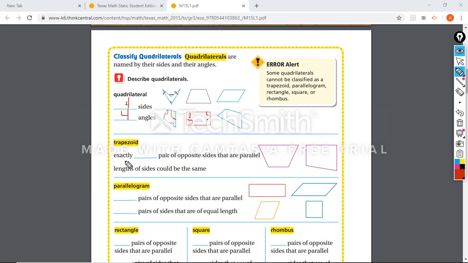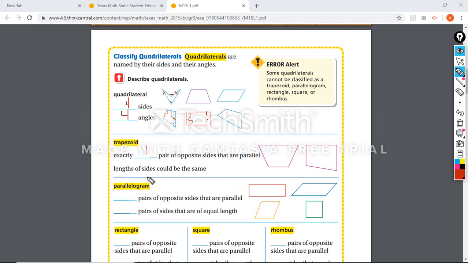So a trapezoid, if you look at it, are these 2 lines parallel? No, because they're going to meet. And are these two lines parallel to one another? No, because they're going to end up meeting up here. You only have one pair of opposite sides that are parallel.